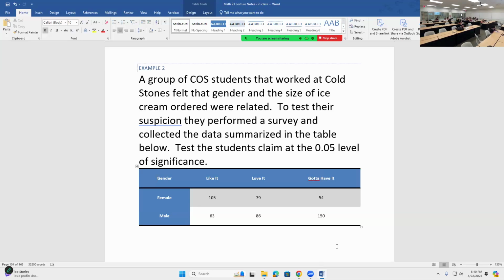Now, like it is the small one, if you don't go to Cold Stone, this is meaningless. Like it is the small one and gotta have it is the large one. This is like Starbucks where they name everything large, but in a different language. Like, no, venti is not. The tall and grande are their small and medium at Starbucks. They both are equivalent words for large.